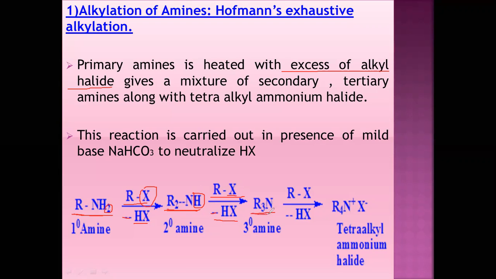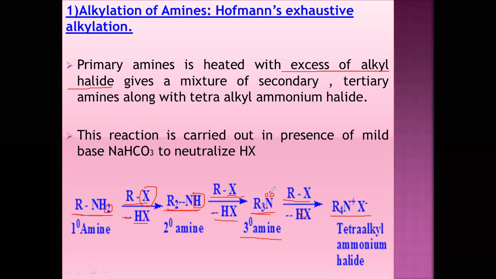Now in this case, there is no hydrogen atom, but as we know, the nitrogen atom contains one lone pair. Because of this lone pair, it again easily reacts with the next molecule of alkyl halide. So again, this tertiary amine reacts with an alkyl halide molecule, and we get the final product, R4N positive X negative. Now, why does this N acquire a positive charge?